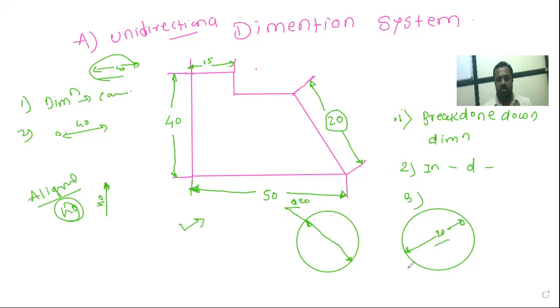So I will show you another example. You have to tell me how to give the dimension. So, understood the difference between both the systems? Yes, sir. For better understanding I will take another example here.